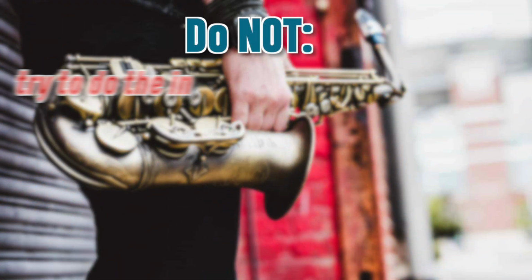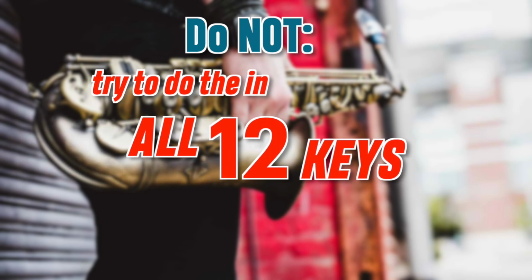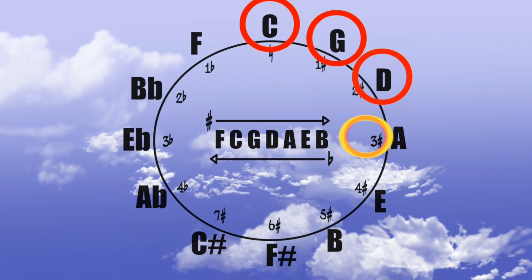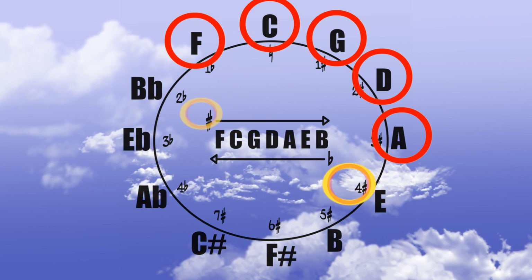When you are starting off with transposing songs and licks into different keys, do not try to do them in all 12 keys. The juice is not worth the squeeze. Start off with the 4 or 5 easier keys like C, G, D, A, F, maybe E or B flat.